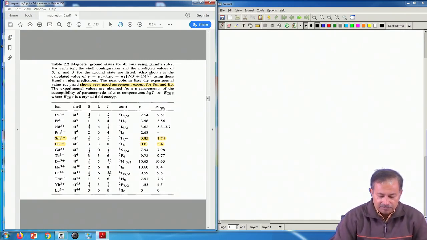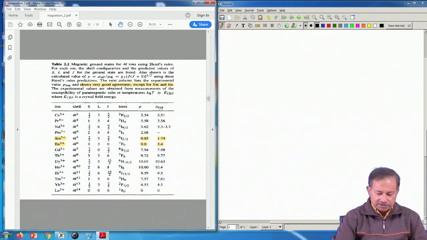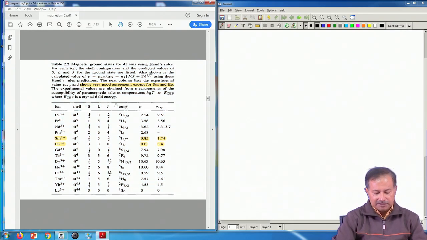And the next column shows you what the experiment tells us. So, the last but one column, P, has to be compared with EXP, and the first 4 columns, the shell, S, L and J, are from Hund's rule, so there is nothing in that. The columns to be compared are the last and the last but one.